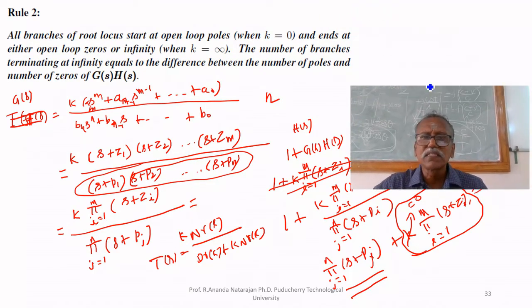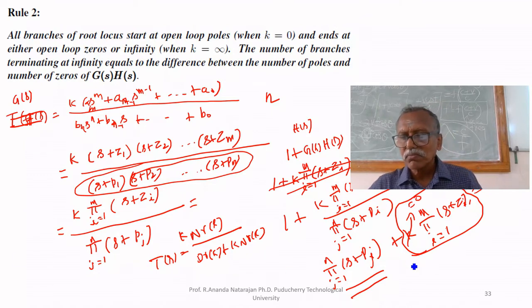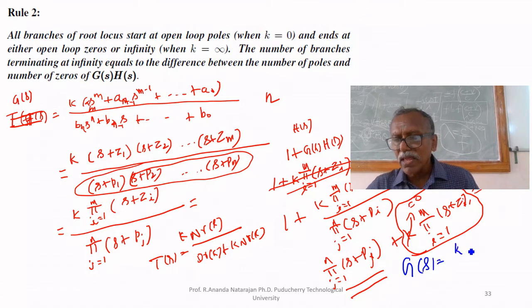The second rule says all branches of the root locus start at open loop poles when k equals 0. Suppose I have an open loop transfer function G of s equal to k times s plus 1 upon s plus 2, s plus 3, s plus 4.